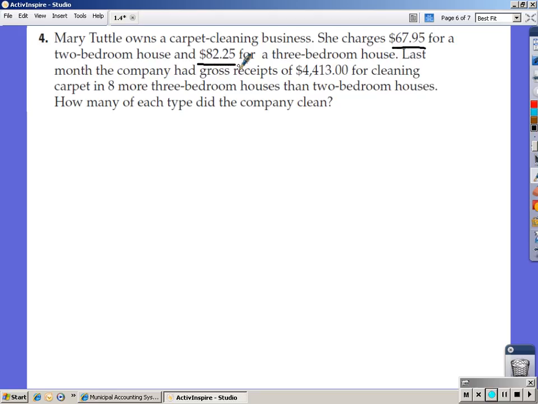Okay, so with this one, this is a little different. It tells me that they did 8 more 3-bedroom than 2-bedroom. So I'm going to start identifying my variables. Again, it's all in the setup. Start with the 2-bedroom house. I'm going to let H equal the 2-bed. And I'm going to let H plus 8 equal the 3-bed. Just like that.